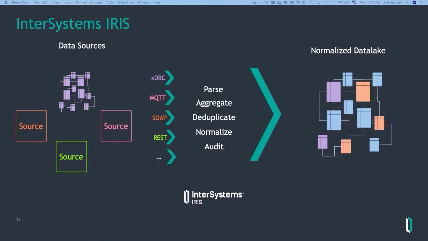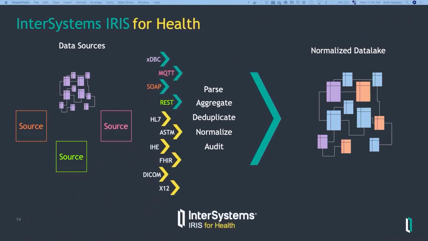But in healthcare, things are a lot more complex. You often have all these very weird formats, HL7, ASTM, FHIR, all the IHE profiles, all these information exchanges, information on maybe claims, and IRIS for Health helps you.